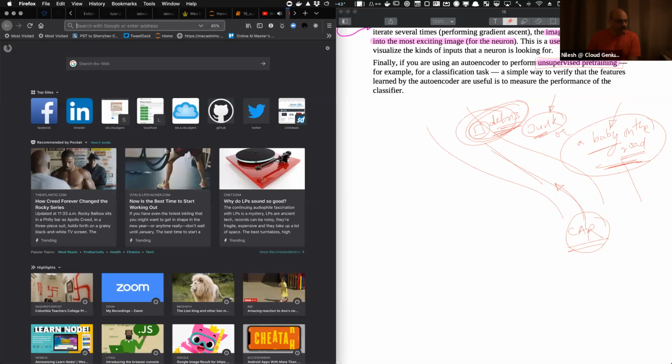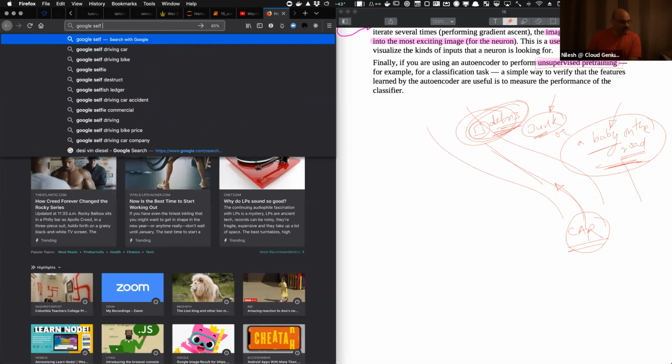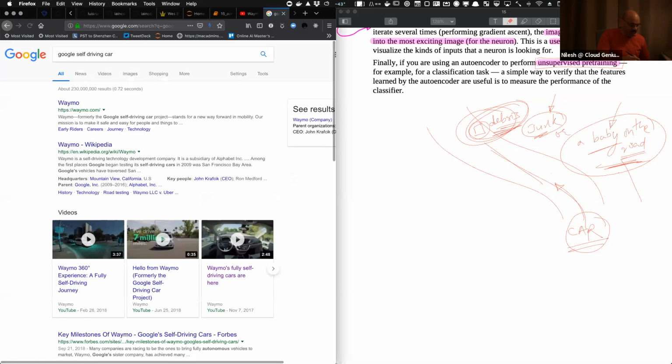Then we have the Google self-driving car. I'm just picking up on self-driving, but okay, this was formerly Google, now it is a Waymo company. So the former Google self-driving car project is now Waymo apparently.